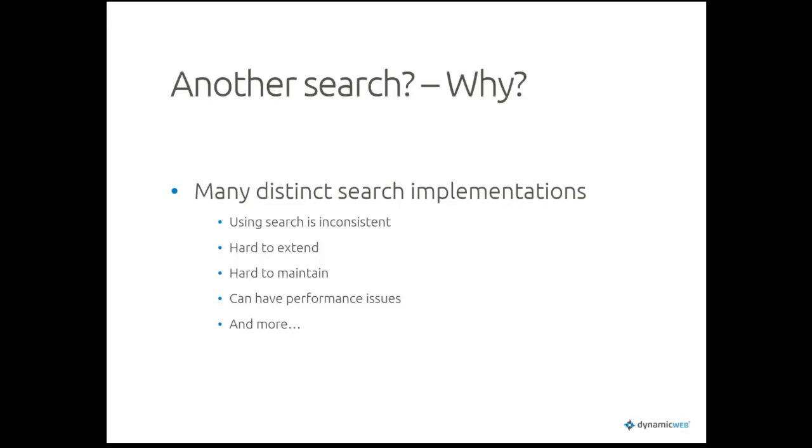That makes it hard to extend for you as Dynamic Web developers, and hard for us to maintain internally. Another issue is that you might have performance issues in one place and not in another, and it might be hard to track those issues down. There are more issues, but these are the most important ones.